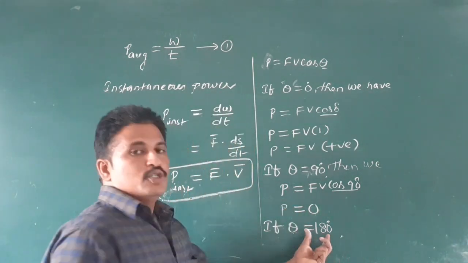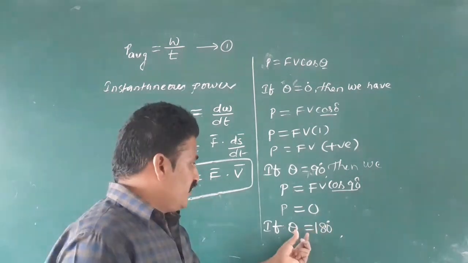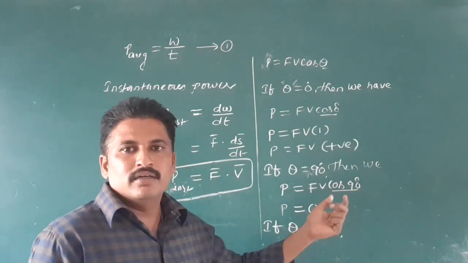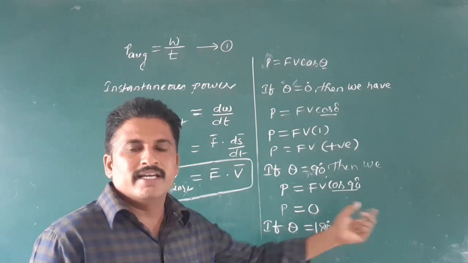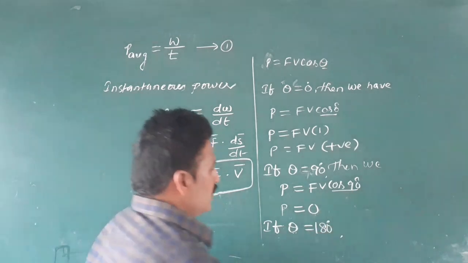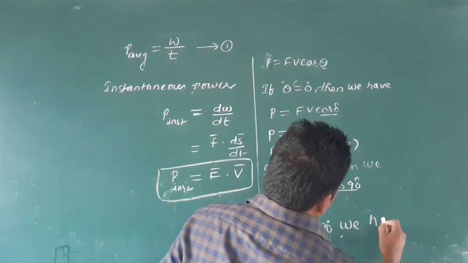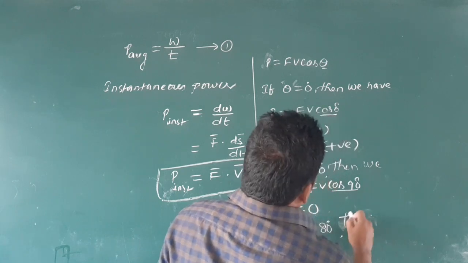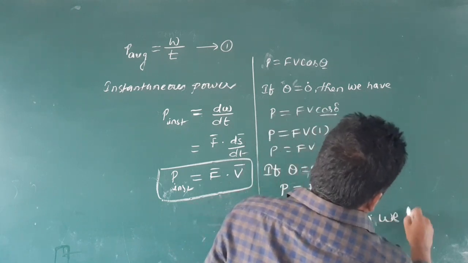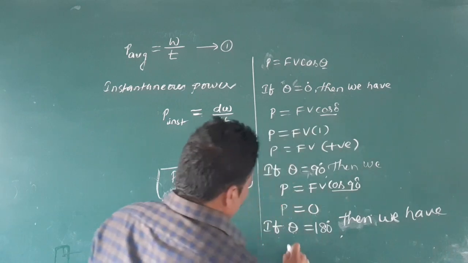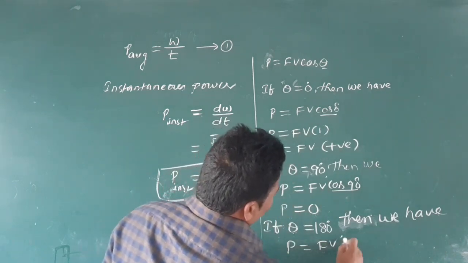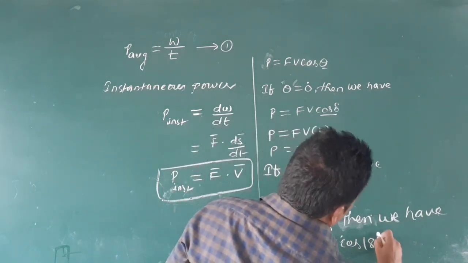Theta is equal to 180 degrees, then cos 180 is minus 1, students. Then we have power P is equal to F v cos 180 degrees.